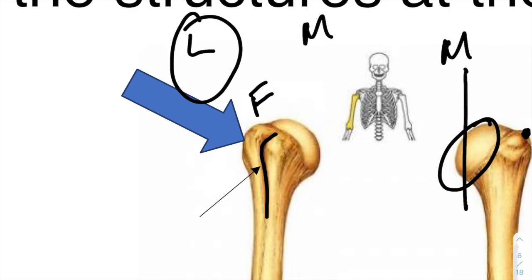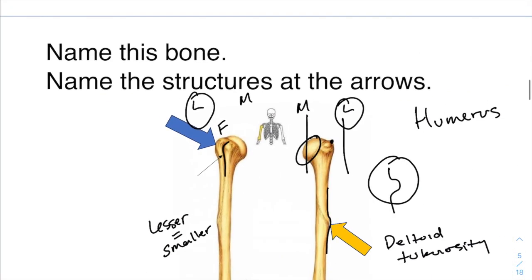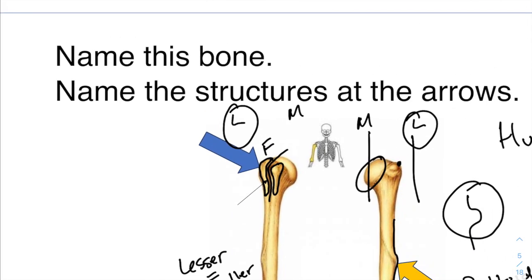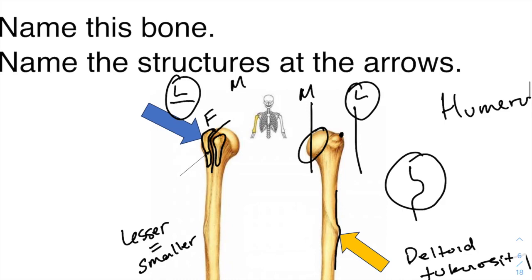It's basically a depressed part of the bone, and we call that a groove, so intertubercular groove. I hope breaking the name down is helpful, and now you can understand where everything is in relation to each other. So this is the greater tubercle, then there's the intertubercular groove, and then there's the lesser tubercle. And that is going from lateral to medial.